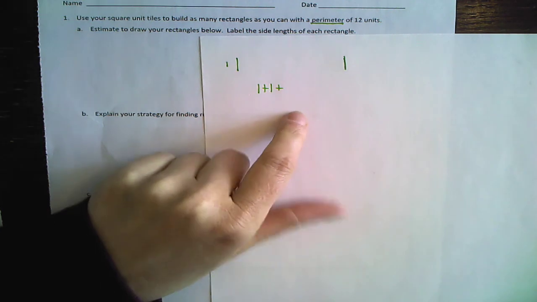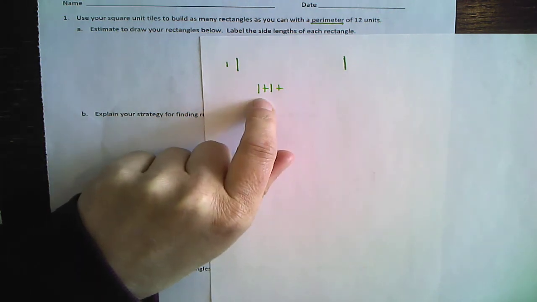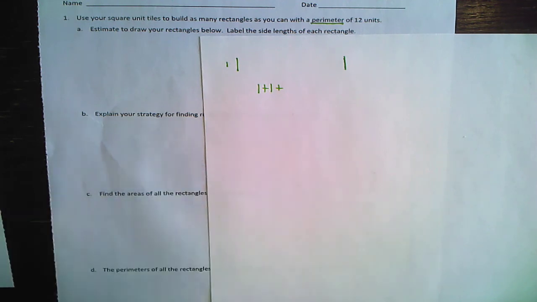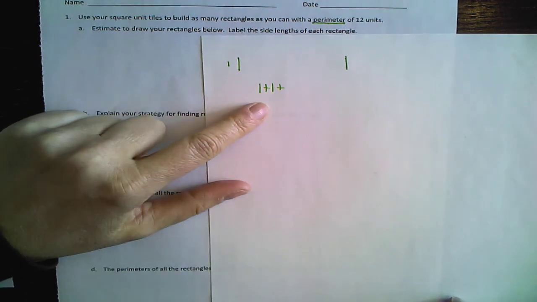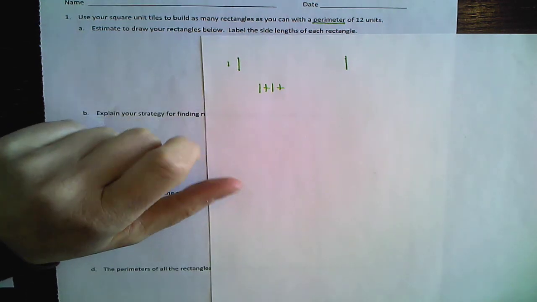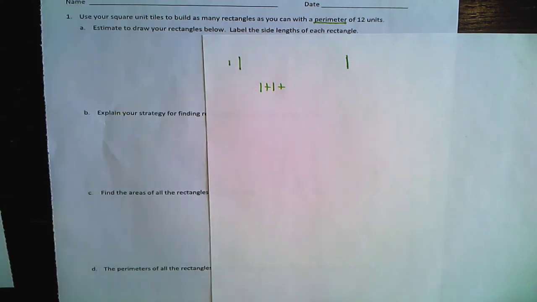What has to be next? What can we add to 2 to get to 12? Right, we need to add 10 to 2 to get to 12, but we need to split that 10 in half because we have 2 sides, right?